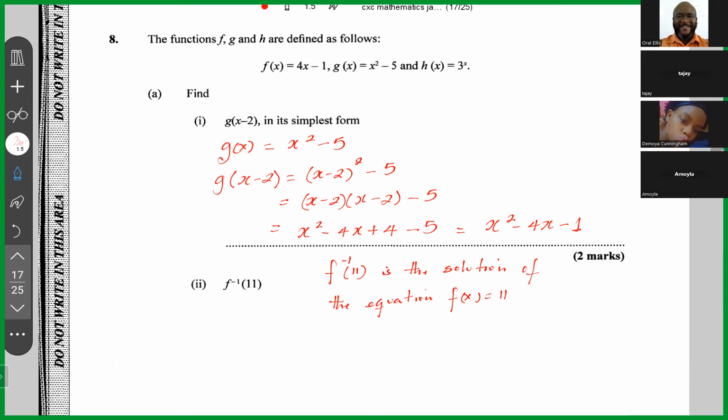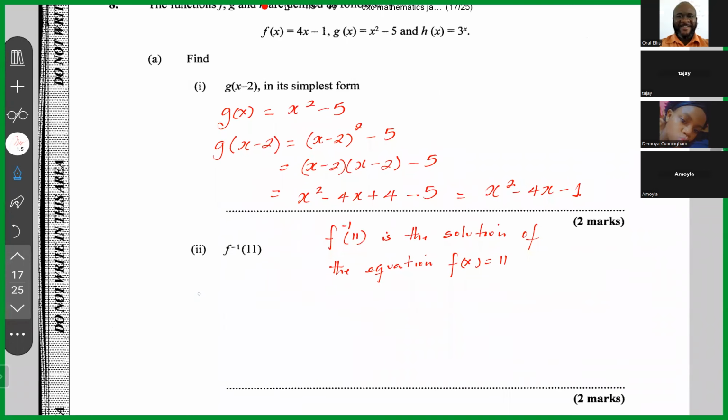So that is not part of the solution, that is just a note. If I want to find f inverse of 11, I'm going to solve the equation f of x is equal to 11.